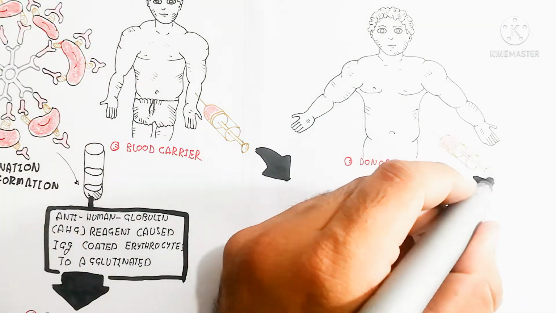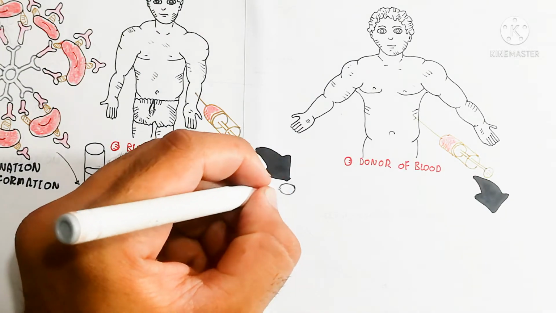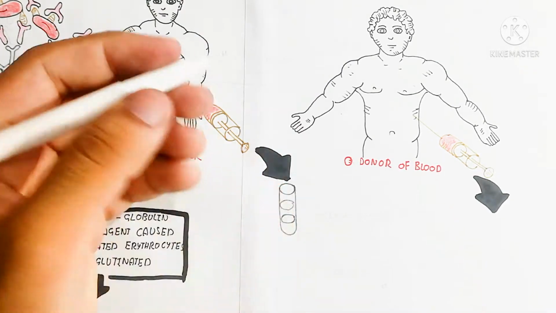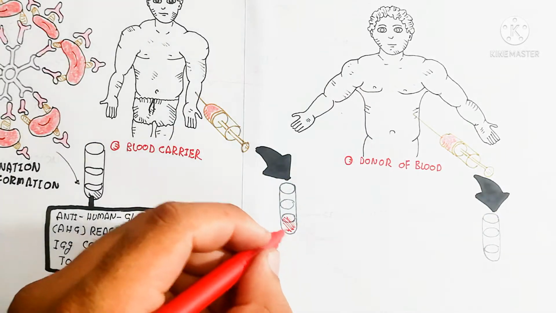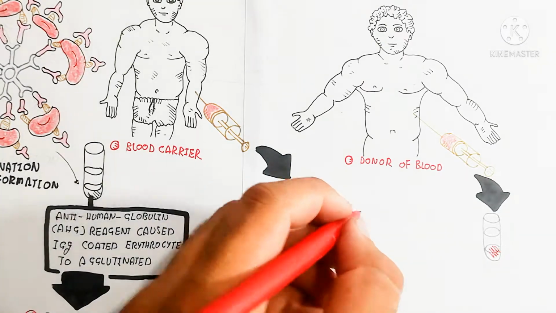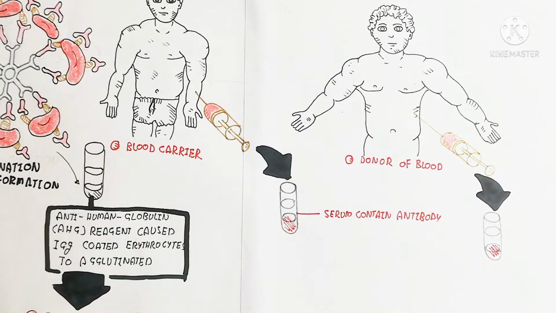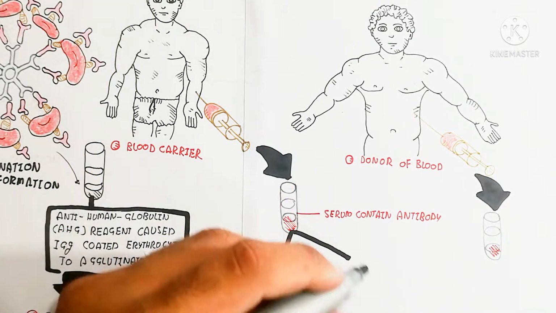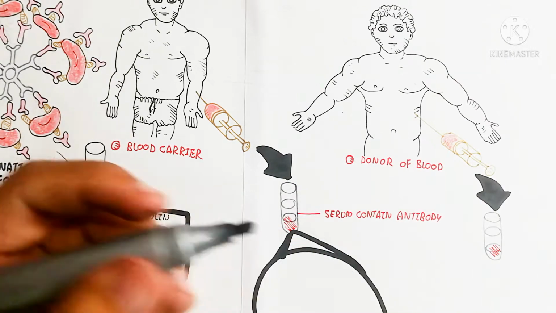So let's begin to understand. One is the blood carrier and one is the donor of blood. Before the donation of blood we will check the serum containing antibodies. So the blood carrier contains antibodies, but they will not bind with the antigen of the red blood cell, so that means it is normal.